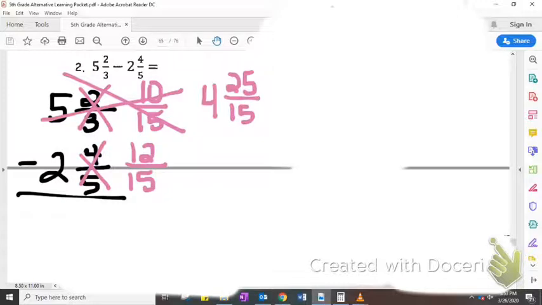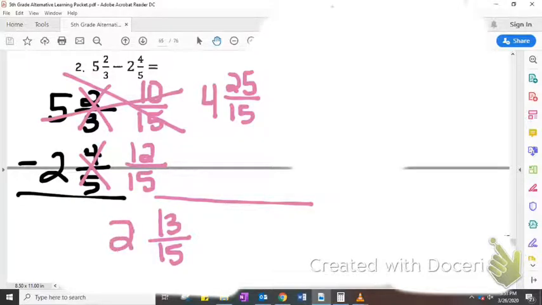And now I can subtract 25/15 minus 12/15, and I get 13/15. 4 minus 2 is 2. 2 and 13/15. 13/15 is in simplest form because 13 and 15 don't share a common factor.